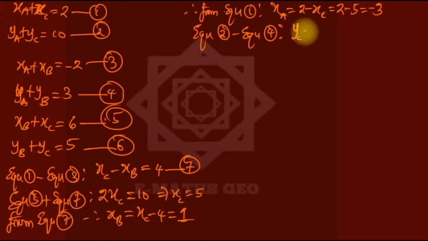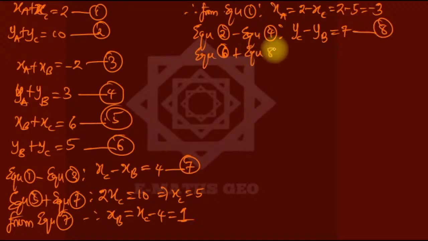We have YC minus YB, which is 10 minus 3, 7. Let's call it equation 8. Again, we look at which ones have YC and YB: equation 6. I will add. If I do equation 6 plus equation 8, YB plus minus YB is 0, YC plus YC is 2YC, and 5 plus 7 is 12. Which implies that YC is 6.